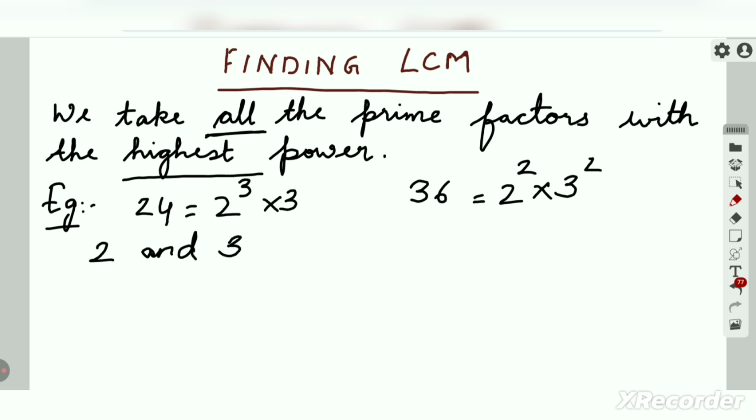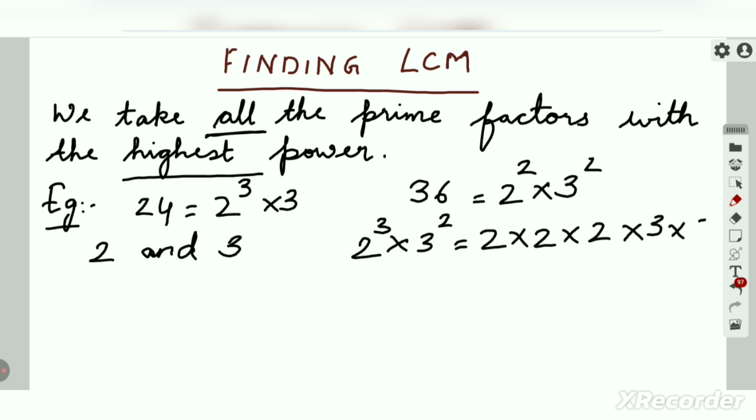What is the highest power of 2? You have 2 cube and 2 square. Which is the highest power of 2? 2 cube. And 3, which is the highest power of 3? 3 or 3 square? 3 square. So, you get 2 into 2 into 2 into 3 into 3.